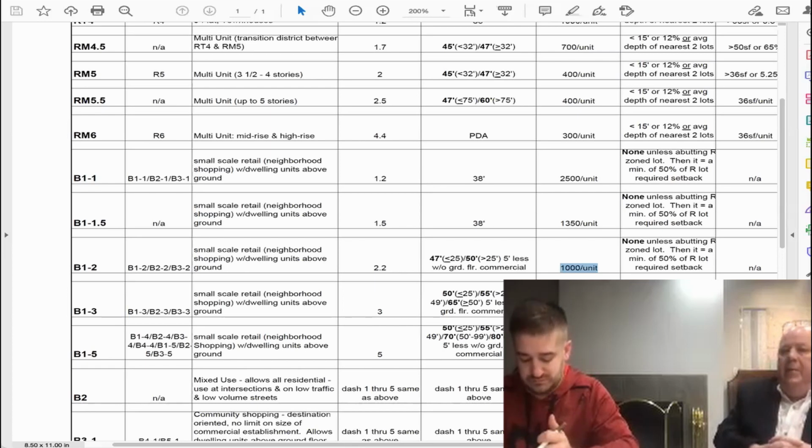How many square feet was it? It was 3,104. So you take the amount of square feet and you divide by 1,000. So you could get 3 lots on it. 3.1. Right. And you can't build a 0.5 or a 0.7, so it's 3, right?